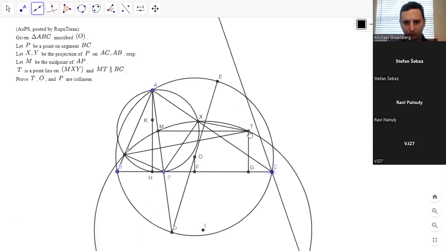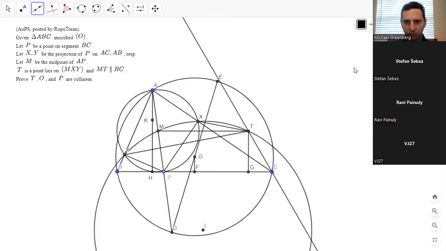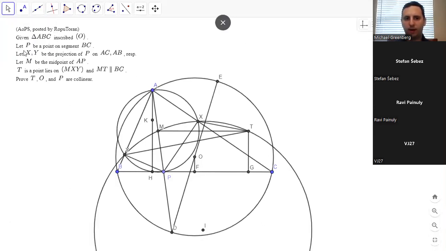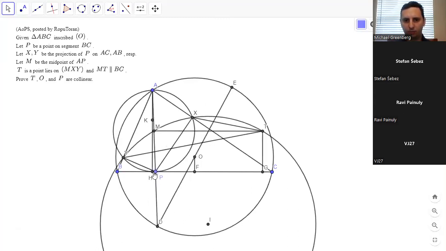Is there anything special about this? So we know that M is the midpoint of AP, O is the midpoint of ED. Yeah, so moving points is not that hard of an idea to prove.